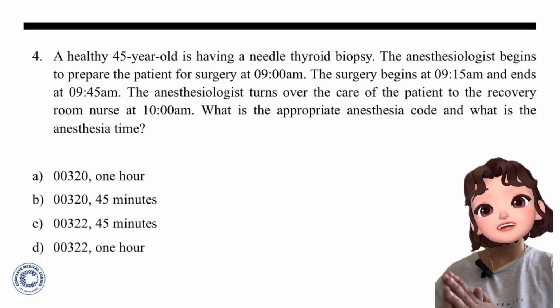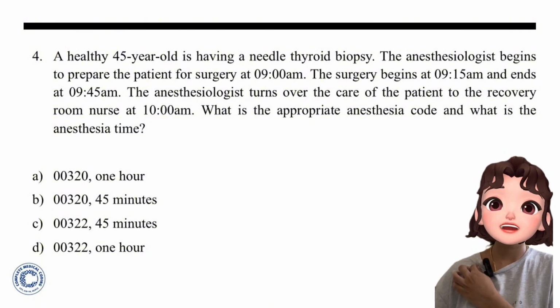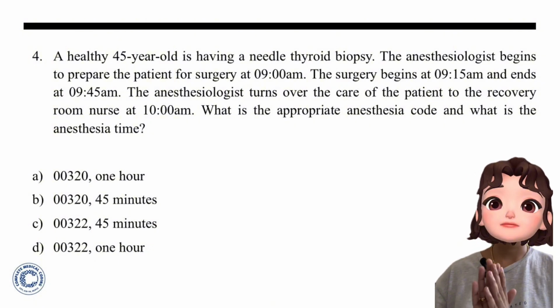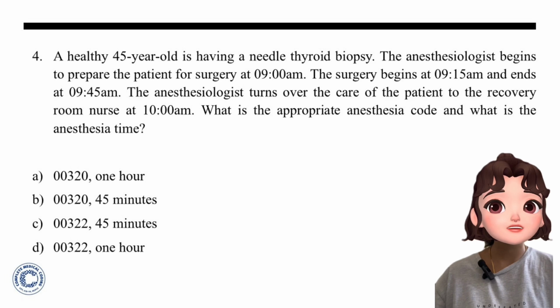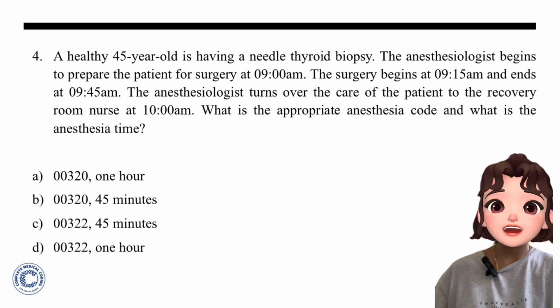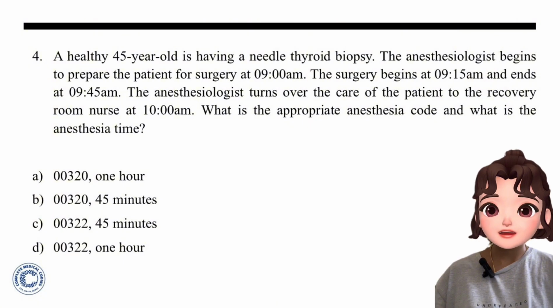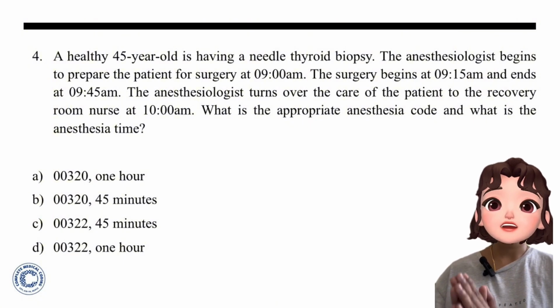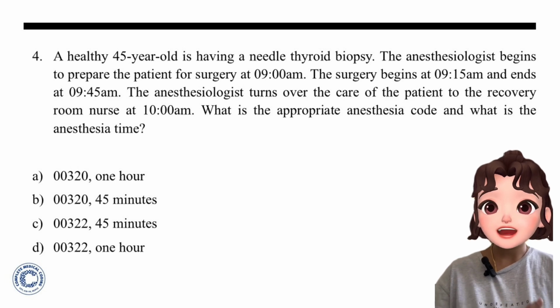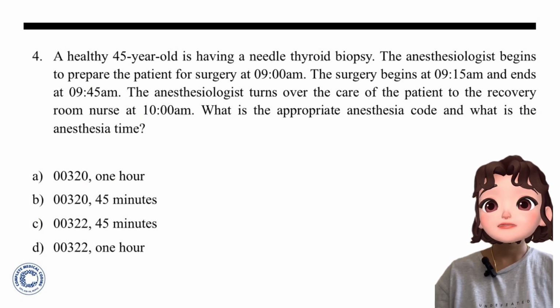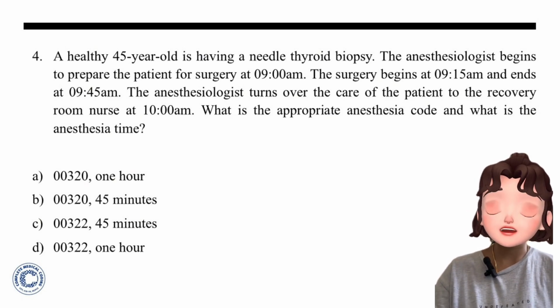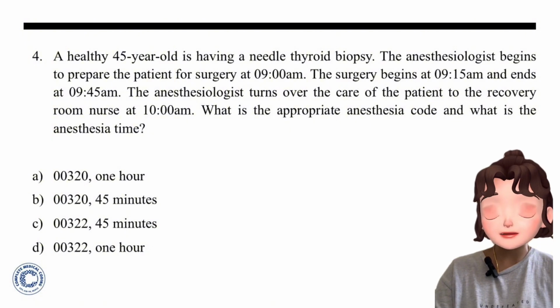Now you have to find the time. How to calculate the time of anesthesia. That's an important guideline. You will definitely get a question on calculating the anesthesia time. Anesthesia time is calculated, every time, from the time the anesthesiologist begins to prepare the patient for surgery.